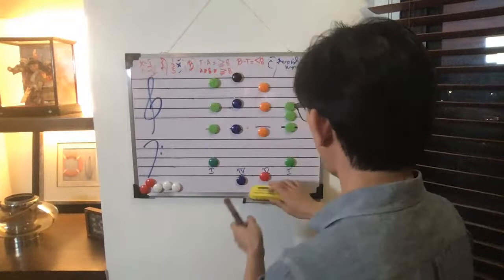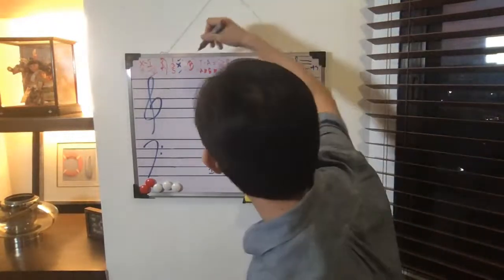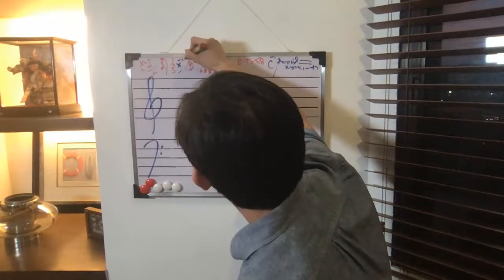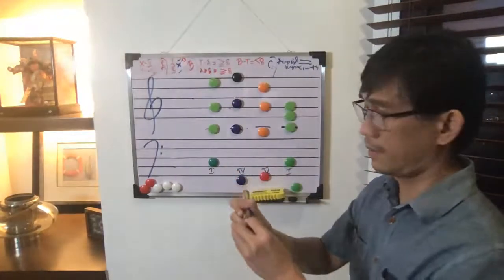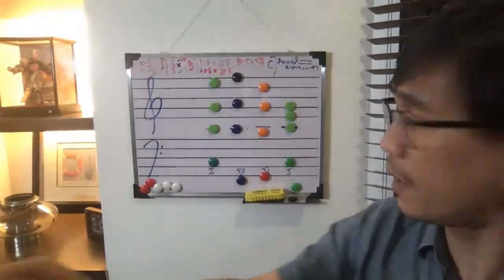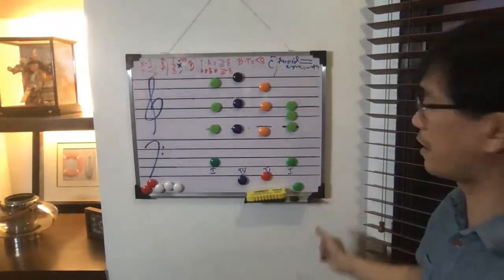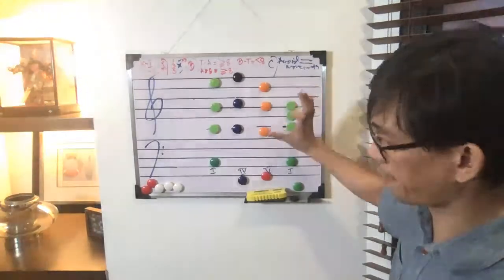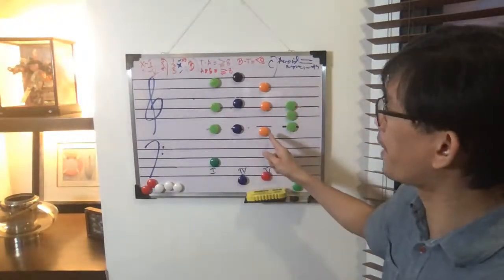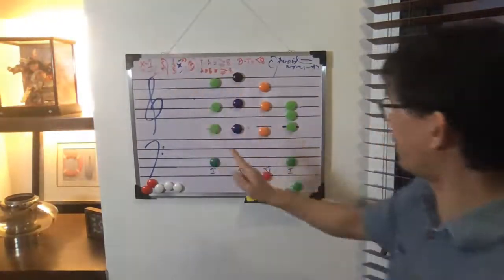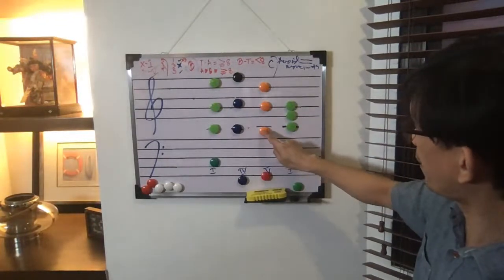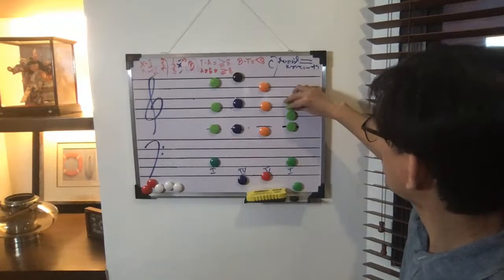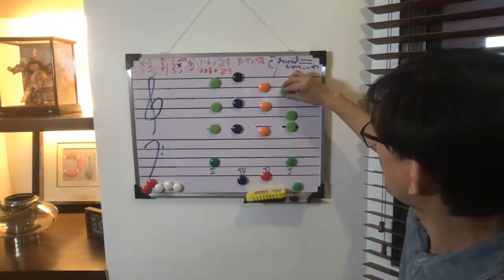Since tonic is the most important note. So if there are no options with doubling the third, or doubling the fifth, and doubling the tonic, then we can actually triple the tonic. So since this one went up already to the tonic, we need this one to go down to the tonic.